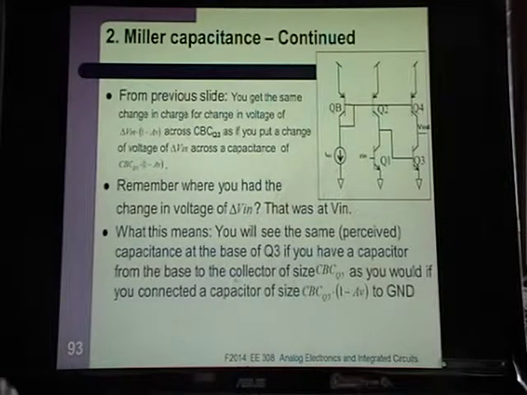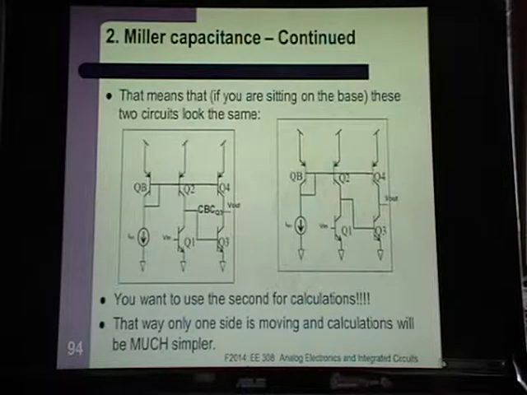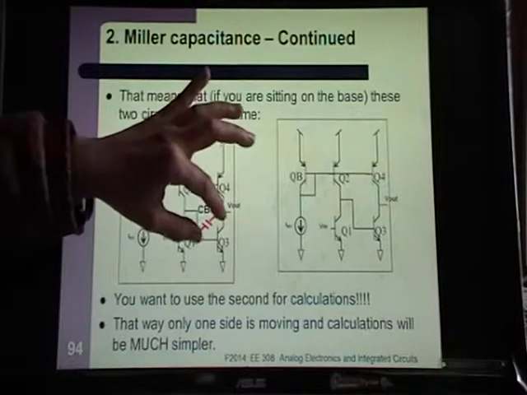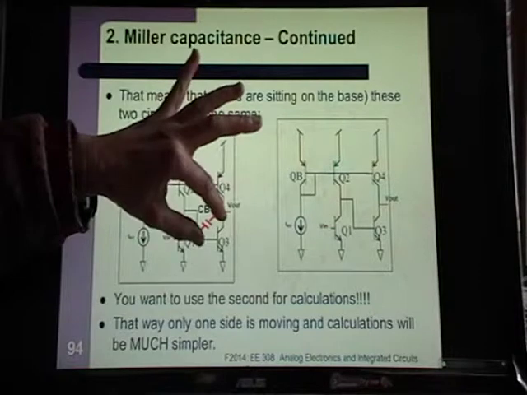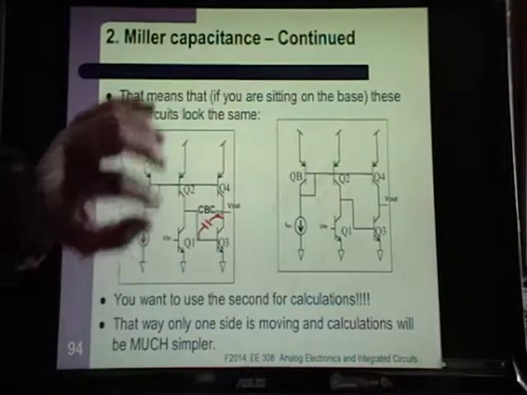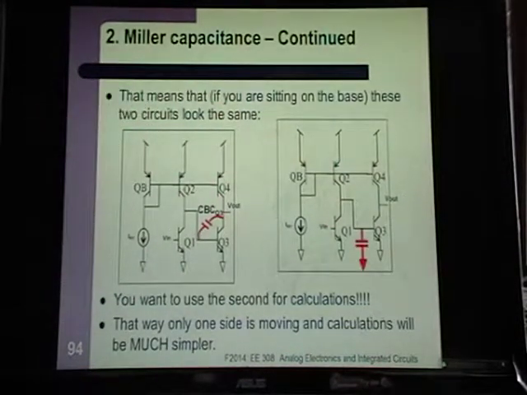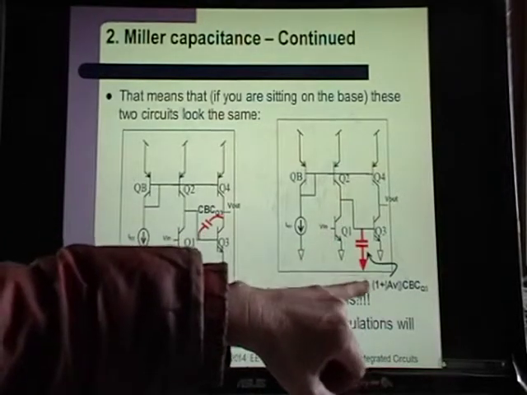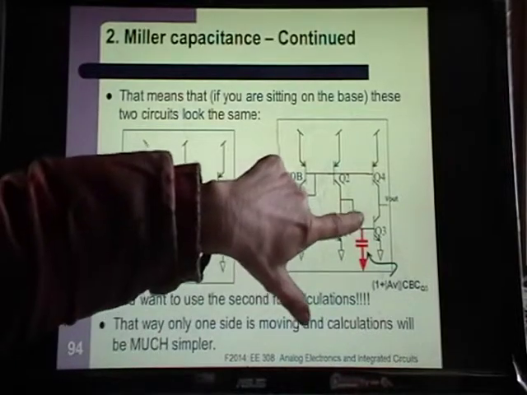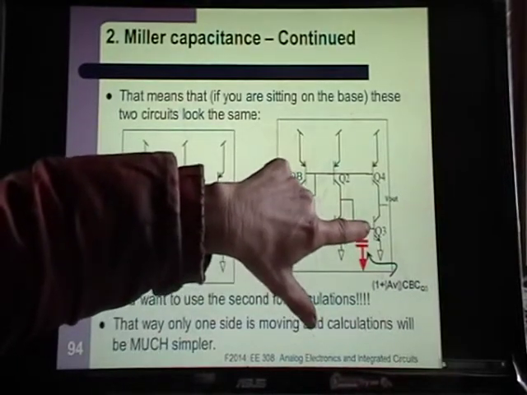Getting closer here. So now I have a capacitance here, and I know what the change in voltage across it is. Turns out that I can move that capacitance to ground, since I know this node right here moves delta Vn.